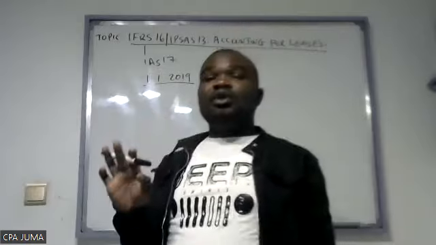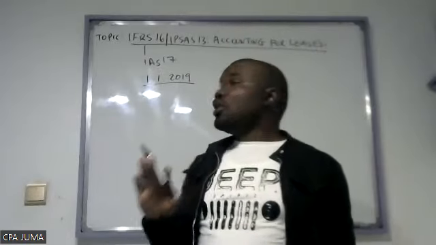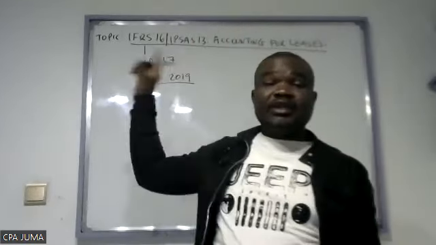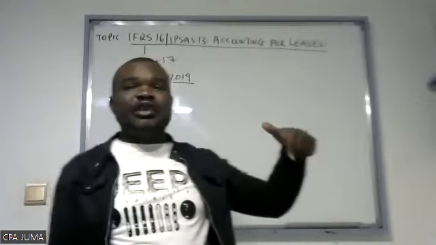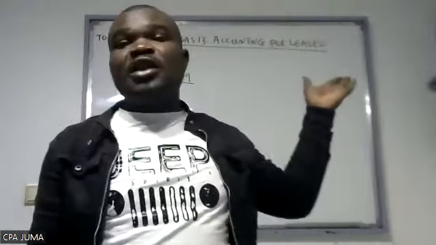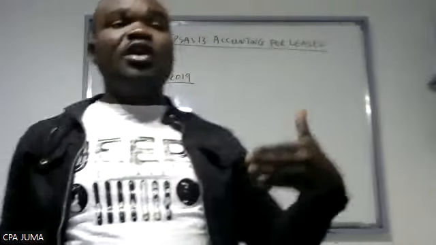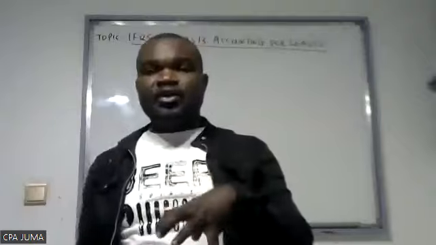But now, with the introduction of IFRS 16, that is not the case. For finance lease, since there is an expectation that the ownership will be retained by the lessee, you recognize that asset in the books at an earlier stage. Earlier stage means once you acquire the asset, you need to start recognizing it in the books because there is anticipation that this asset will be retained by you.